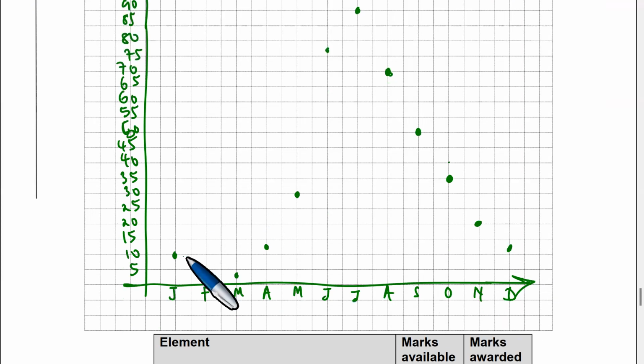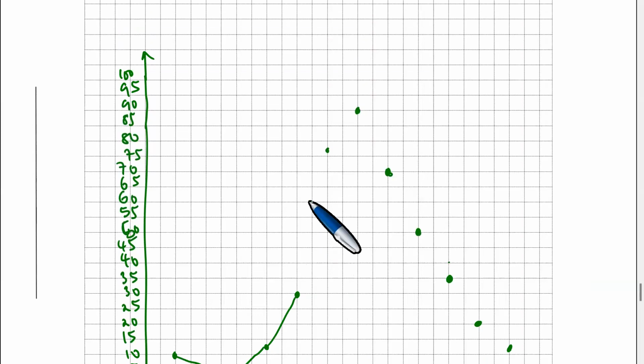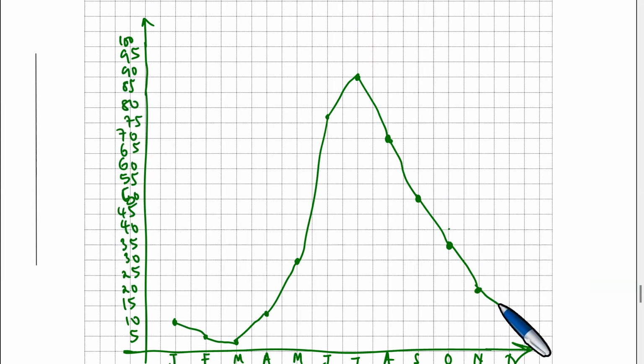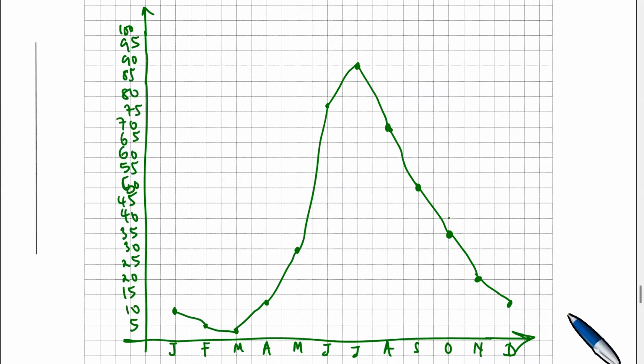So which means that you're going to do this. Can I just join the points like that? And that is the answer. So that is the graph. So you're just supposed to draw this graph.